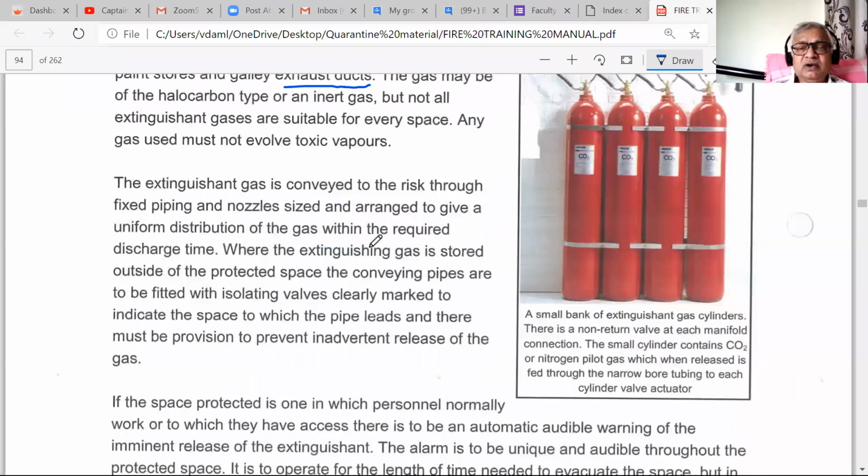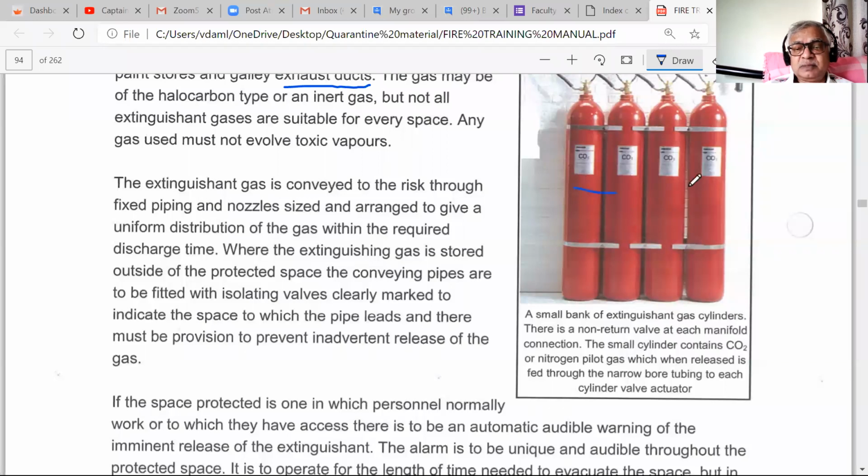Now, when we have any gas for extinguishing fire, it will have to be delivered through a fixed piping, because how will you take it? In case of water, you connect a hose and start dousing it with water. But when we talk about gas, the gas has to be taken there by fixed piping and nozzles for delivery, and it has to be stored something like this.